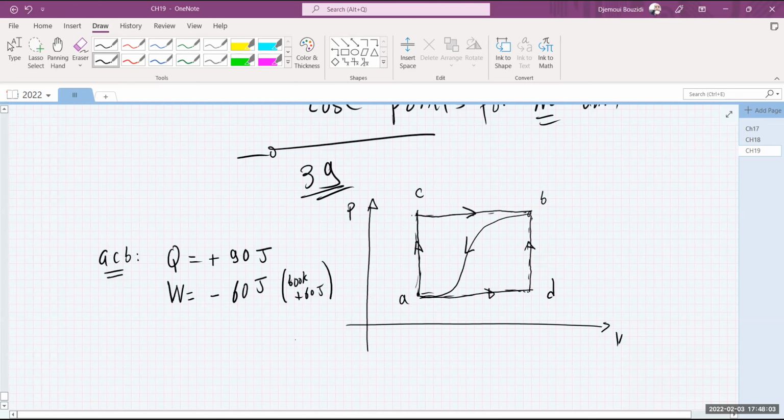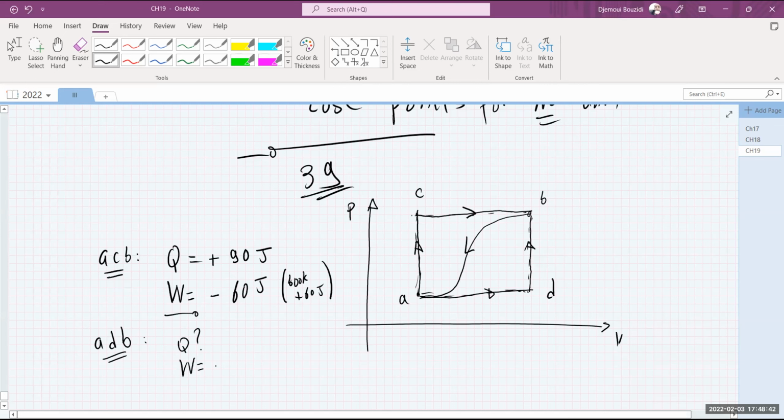So the question is, how much heat flows into the system along the path ADB if the work done by the system is 15 joules? So the question now, from ADB, which is the other path, going from A to B. The whole point is leaving A and ending up in B. Now it says how much heat, so we don't know how much heat is here, if the work done by the system is 15 joules.